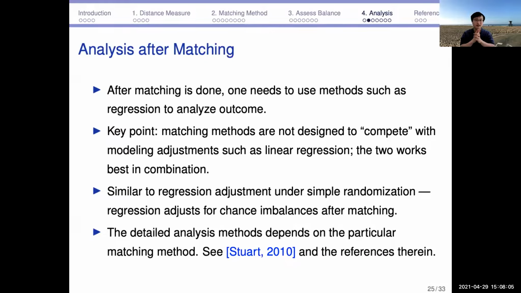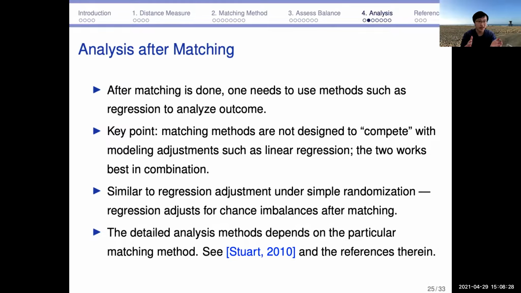But rather, the two methods, the matching method and regression adjustments or some other modeling approaches, actually work best in combination. The rationale behind it is also similar to what we've seen in simply randomized experiments.